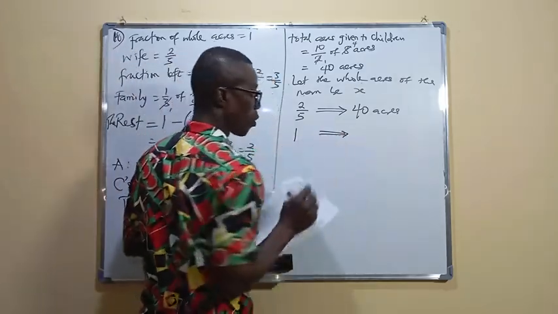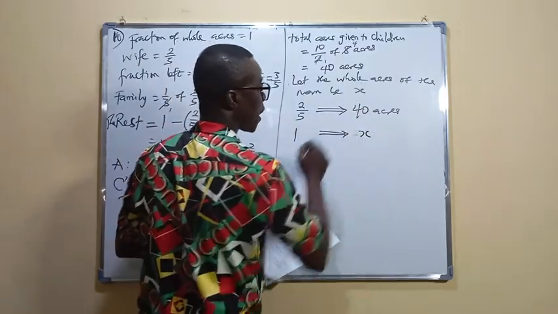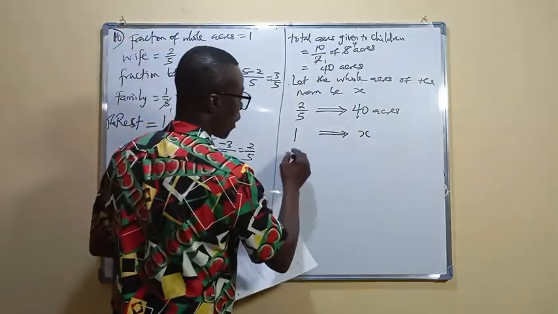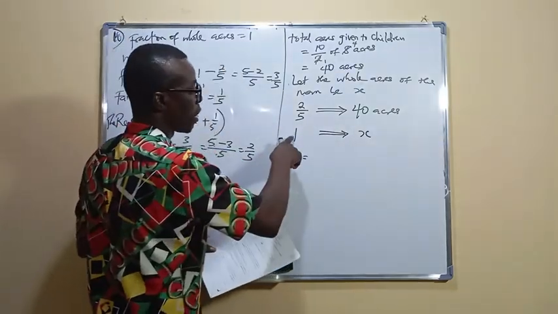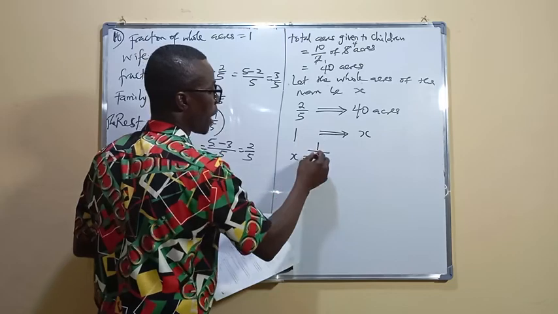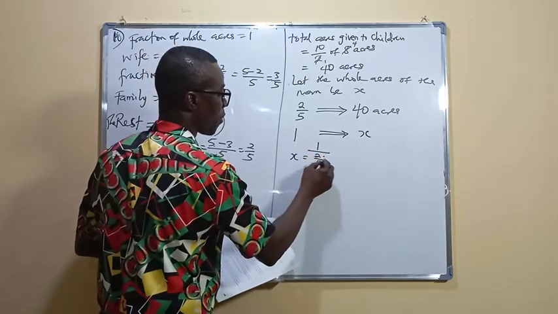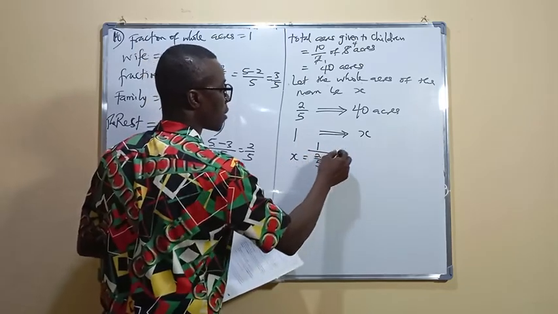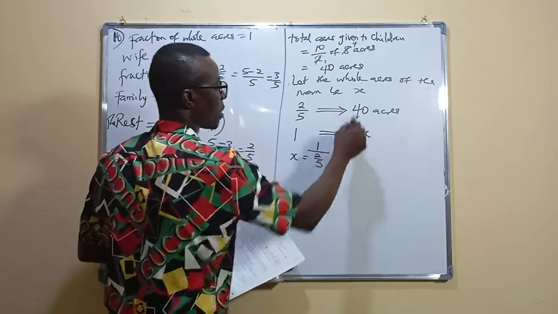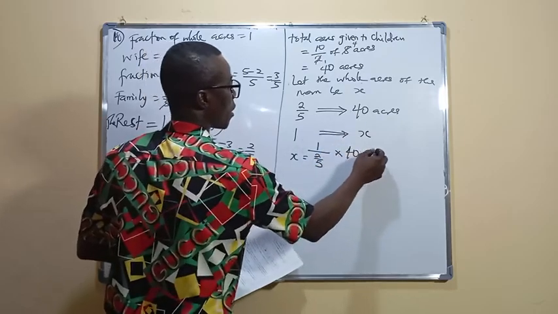And what will be the quantity of the whole, which we say is x here? So to find the value of x, I'm going to say 1 divided by 2 over 5, times 40 acres.